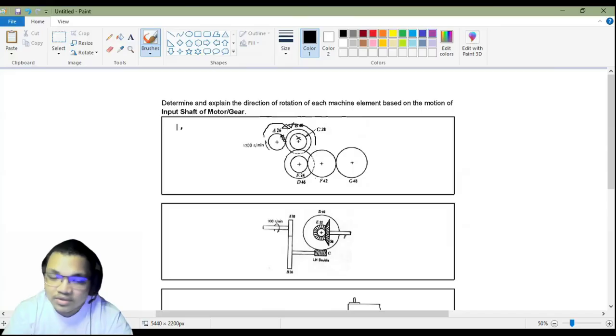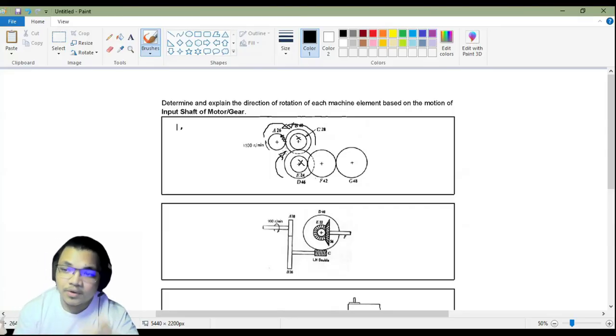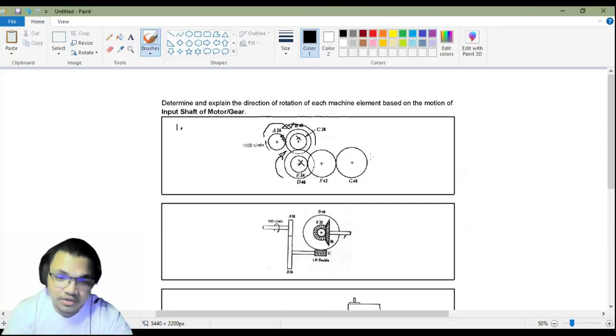With this rotating counterclockwise, we can see that the rotation of this gear, this one, would rotate clockwise, like that. Because again, the gears being interlocked opposes their initial rotation.